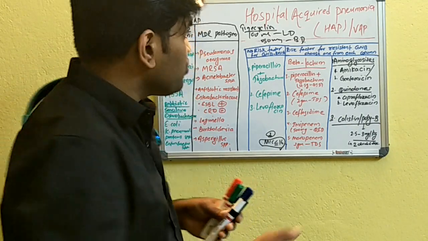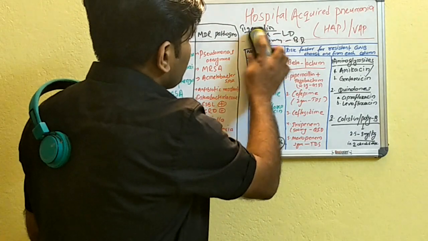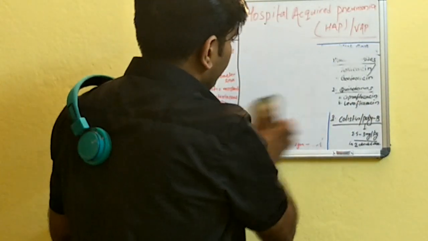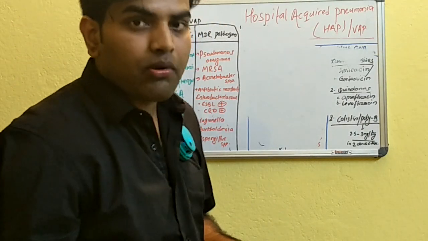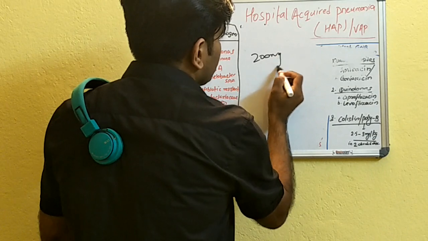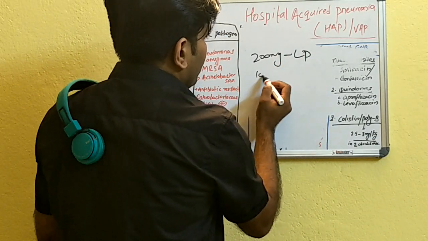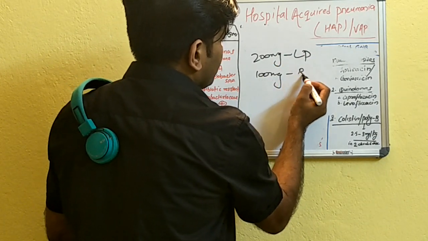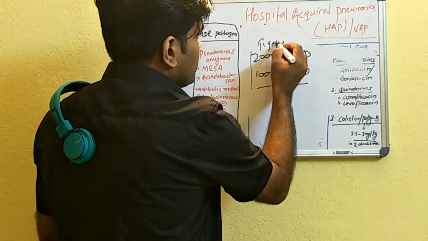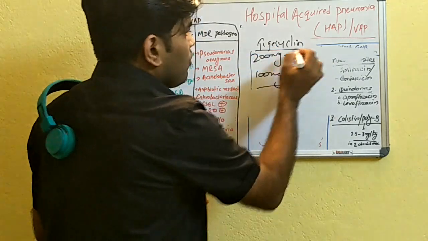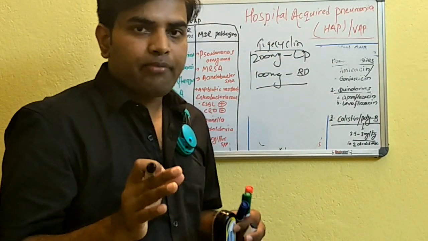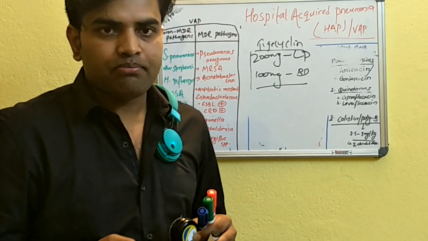But when you want to kill the MDR group of pathogens, then you have to use double the dose, that is 200 mg loading dose followed by 100 mg BD. This will be the usual dose of tigecycline if you are going to treat MDR pathogens of your respiratory tract.